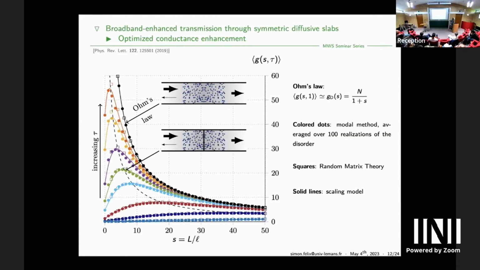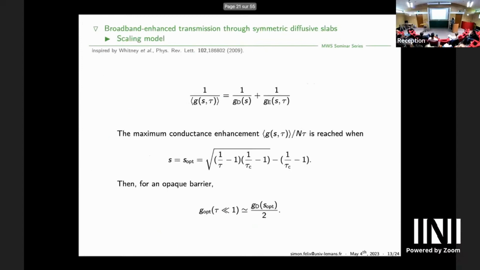The advantage of this really simple scaling model is that now I can find where this optimal situation is. For this, from this equation I search for the value of S which maximizes G, so which minimizes this resistance, and I find this solution, given the transmittance of the barrier and the factor tau c.